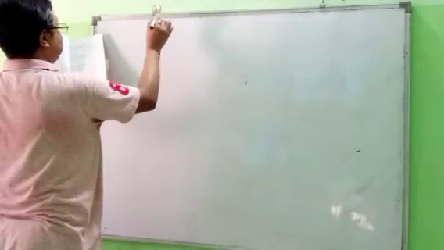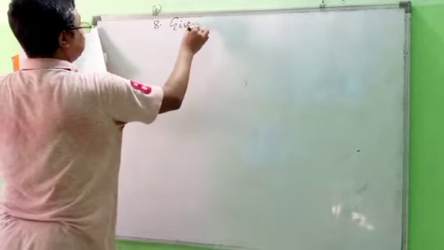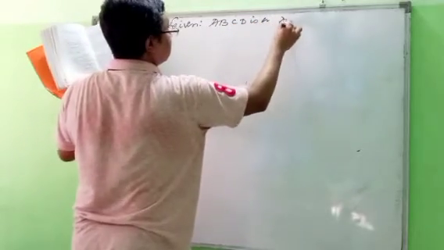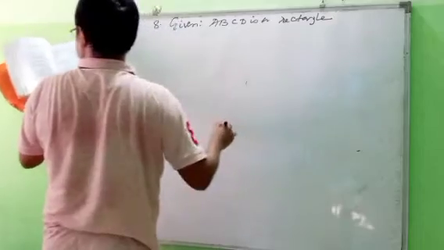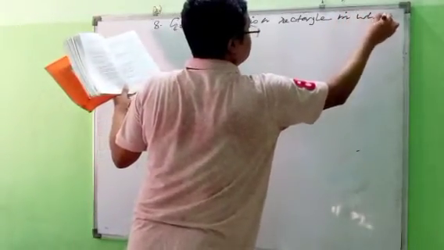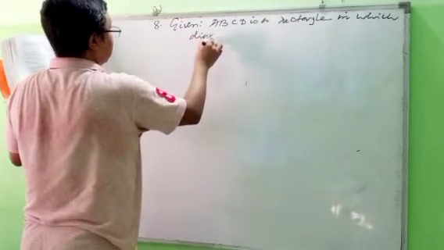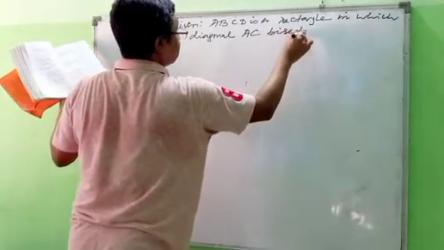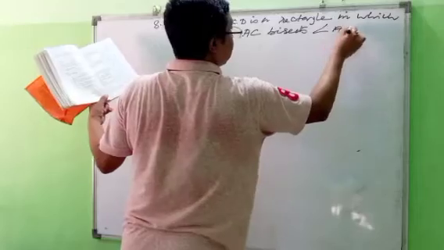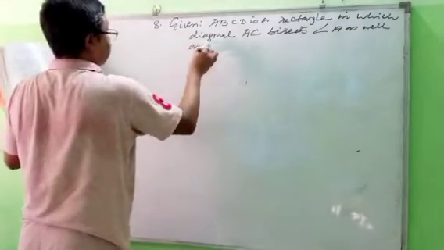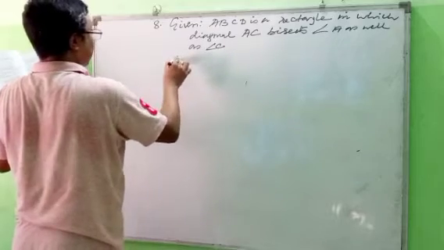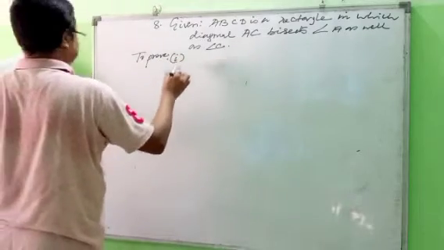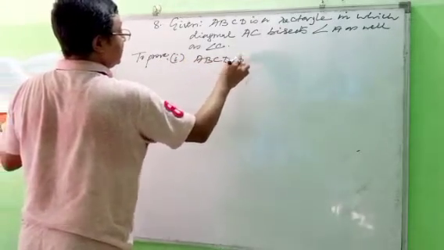Let us take question number 8. Given: ABCD is a rectangle in which diagonal AC bisects angle A as well as angle C. To prove: number 1, ABCD is a square.